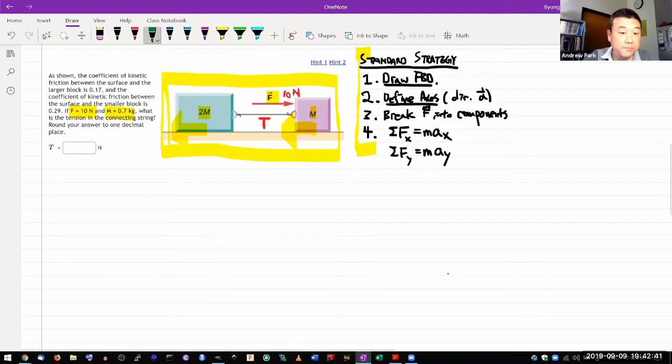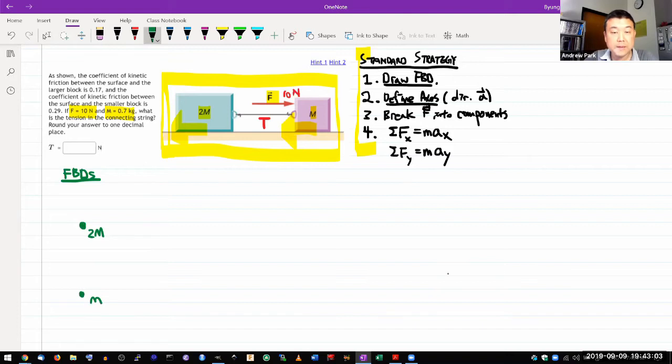So we start out by drawing free body diagrams. And what you should remember here is that you draw free body diagrams for the two objects separately. So let me draw one for the big block here, 2m, and a second diagram for the small block m.